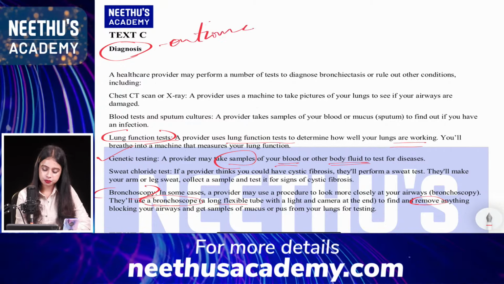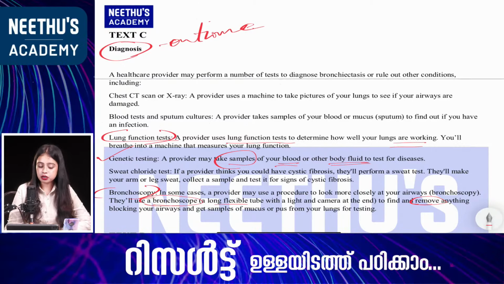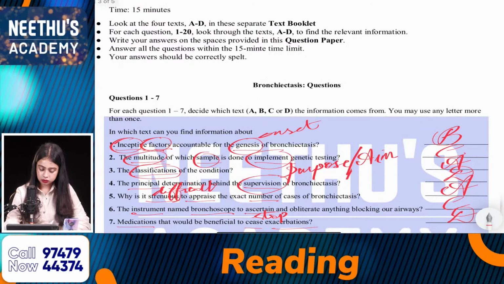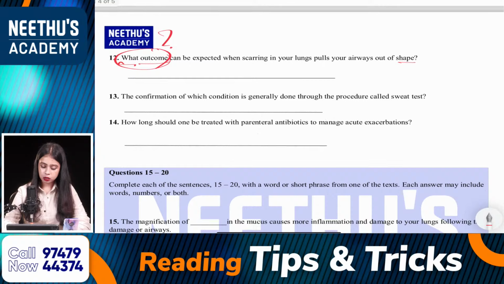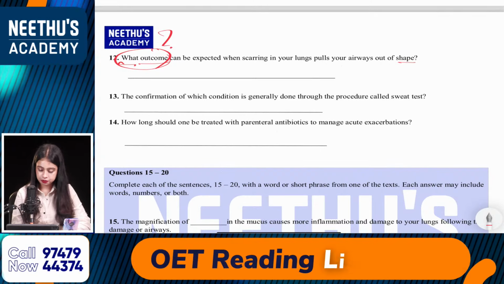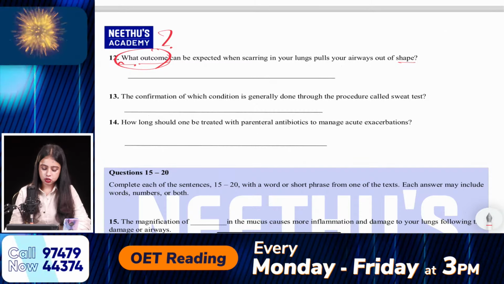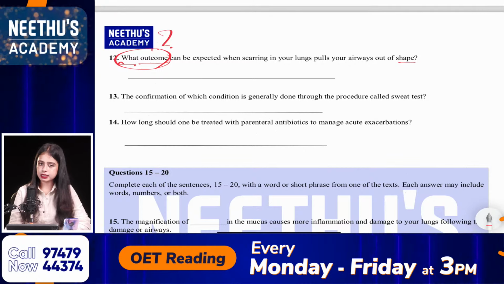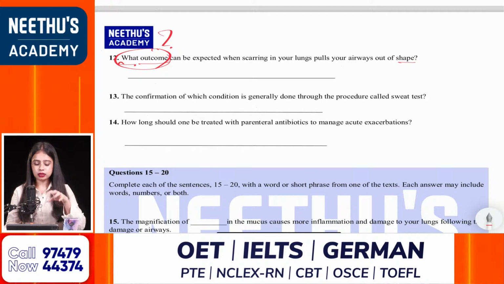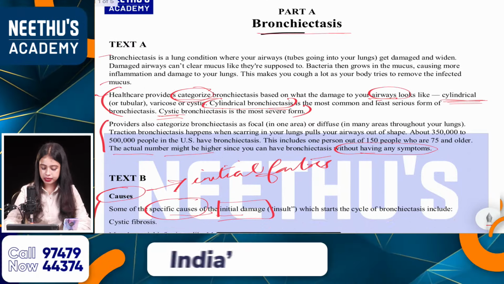Outcome? No, that is what I said: it is important to underline the keywords. Based on the keywords, where do we get the answer? Question number 12: outcome expected, and lungs pull your airways out of shape. Is it from text C? Identification? No. Based on the keywords, it's from text A.